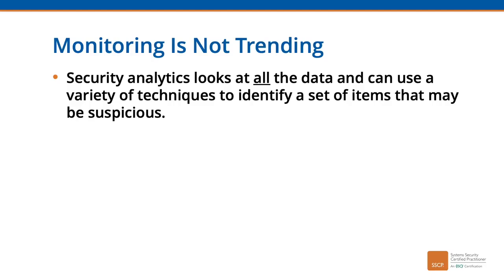The retailer cannot, however, detect fraudulent transactions by means of trending. It cannot detect when an insider at the bank has colluded with an attacker, wittingly or unwittingly, to set up a ghost vendor who submits false invoices to the retailer for payment. Security analytics looks at all of the data and can use a variety of techniques to identify a set of items that may be suspicious, such as a handful of transactions.